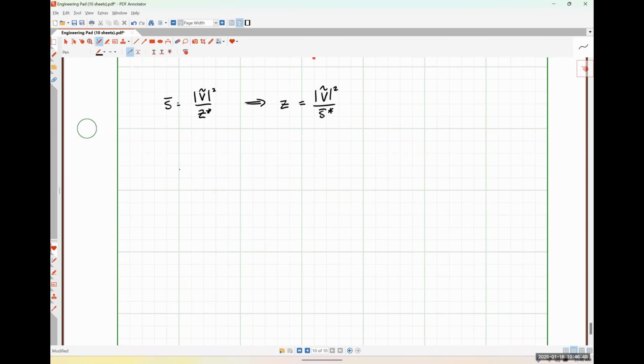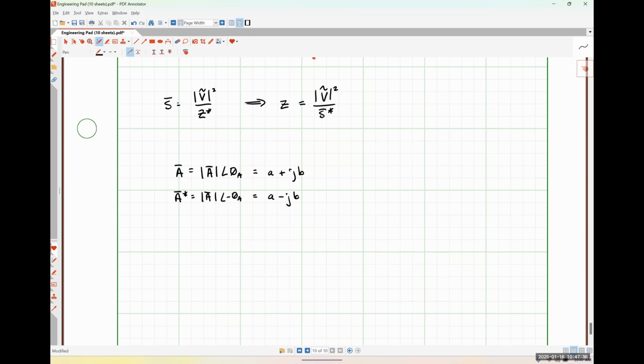So more review. If I have a complex number A that is expressed in polar form as the magnitude of A with an angle theta A, and in rectangular form as lowercase a plus JB, where lowercase a is the real part of complex number capital A, and lowercase b is the imaginary part of complex number capital A. The conjugate of A is going to be in polar form the magnitude of A with an angle of negative theta A. And in rectangular form, it is going to be lowercase a minus j lowercase b.